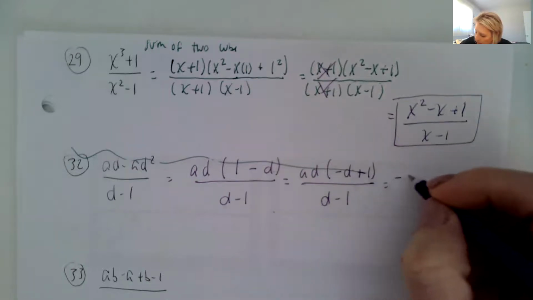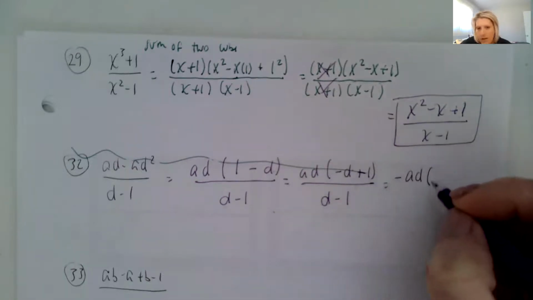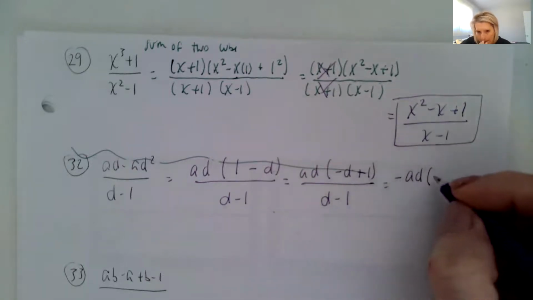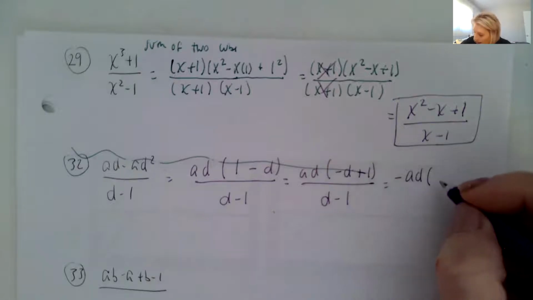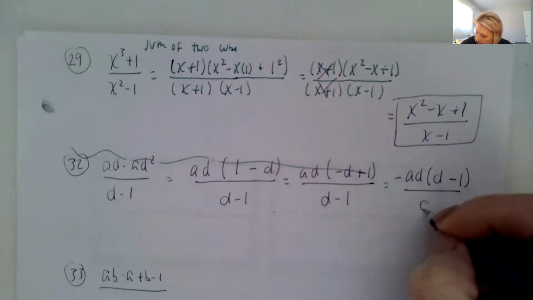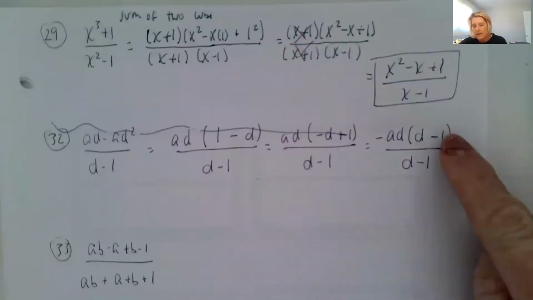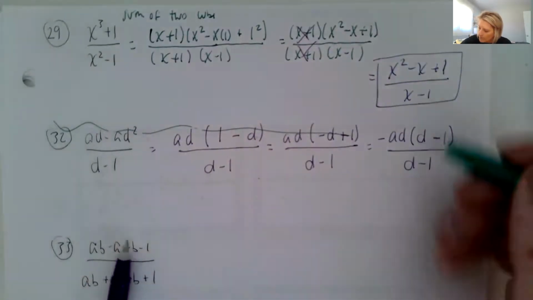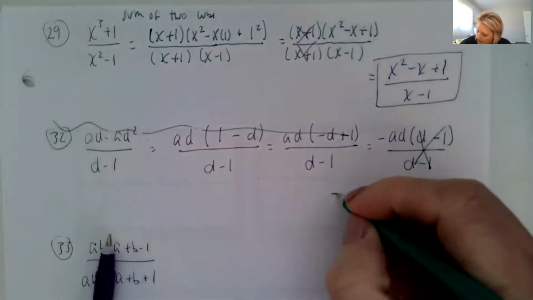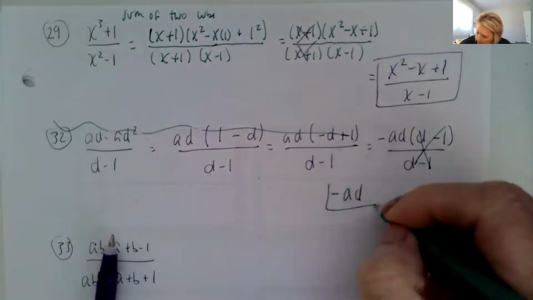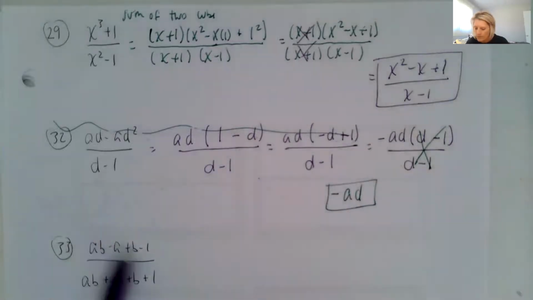So we have a negative a times d. And when we do that, that makes our d positive and our 1 a negative. And then now we have the same d minus 1 over the d minus 1. And that leaves us with a negative AD for number 32.